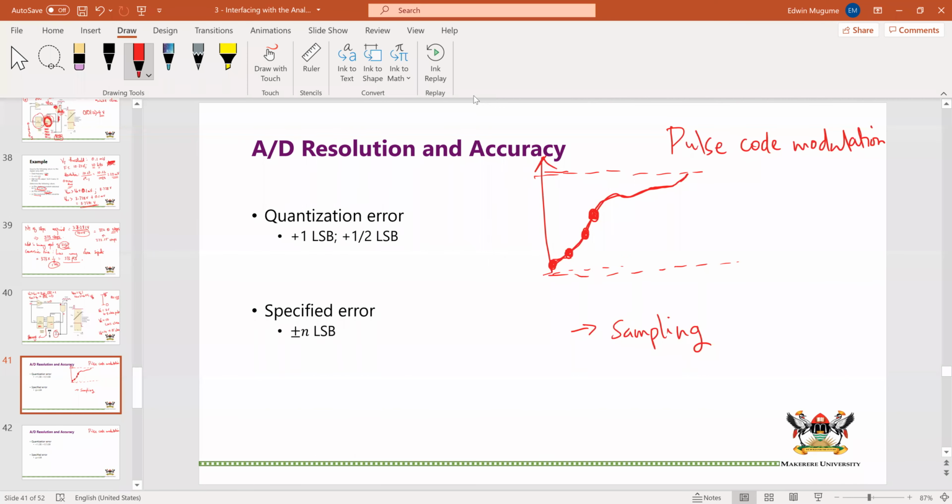And so every 1 second, you can take a measurement of the signal because you see the analog signal is changing. So the idea is that the sample that you took a second ago is not going to be exactly the same as the sample you're taking now. It could be if the signal is constant, but we know that the analog signal is usually changing. So we take samples at different intervals.